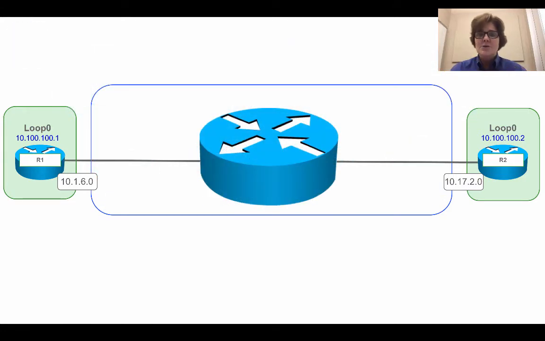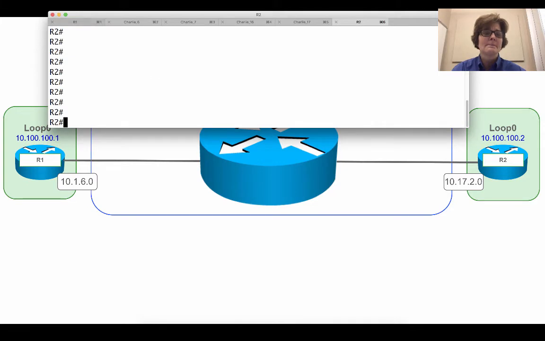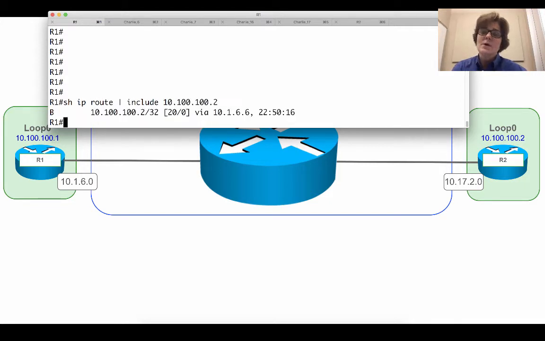From R1 and R2's perspective, they don't really know or care that there are all of these routers in the middle. If we go over to R1 and do a show ip route including 10.100.100.2, we'll see that R1 thinks it has learned via BGP from 10.1.6.6, its BGP neighbor on that physical interface, how to get to 10.100.100.2.